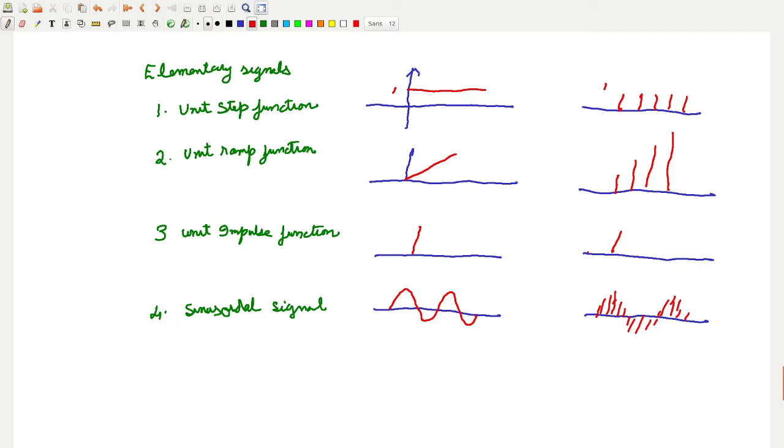Next elementary signal is the exponential signal, where the signal grows or decays exponentially. If it is a growing signal, it will be like this. It will be exponentially growing to infinity.